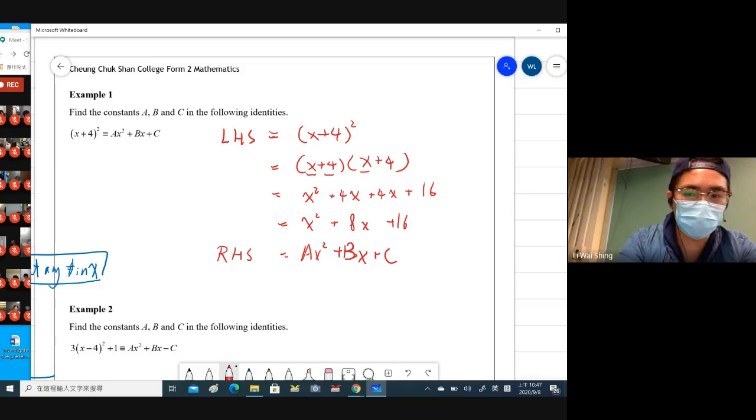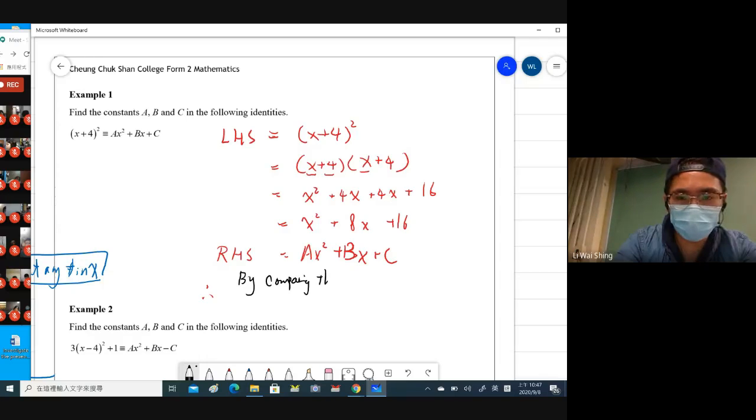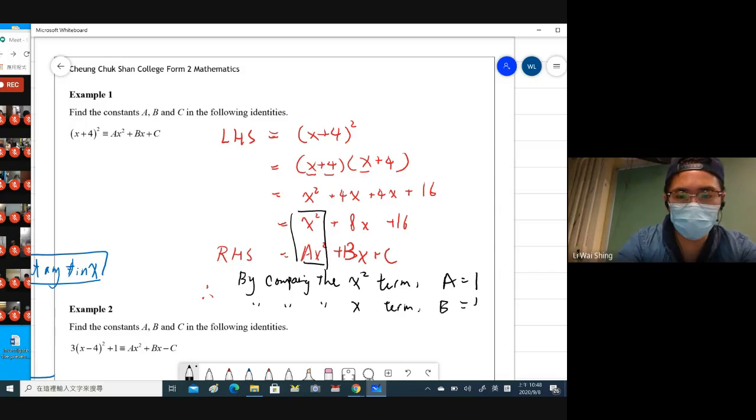So you're comparing the like terms. In order to find a, you need to compare the x squared term, right? So you know that a equals 1. By comparing the x term, you know that b equals 8.